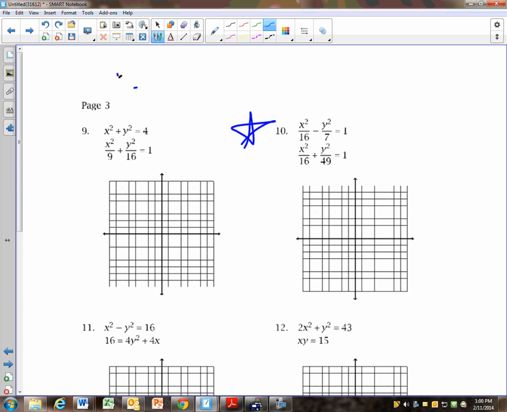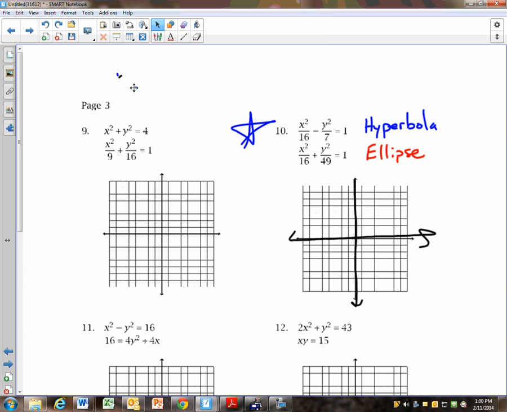What shape does the top one make? Bottom one? What's the center of the hyperbola? 0, 0. I'm going to make my box.